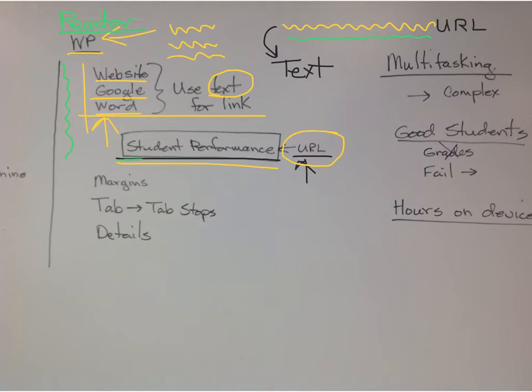But when it sees student performance, it can easily say, this is student performance, and it can easily distinguish that it's a link. So it can say student performance will link you to another location.